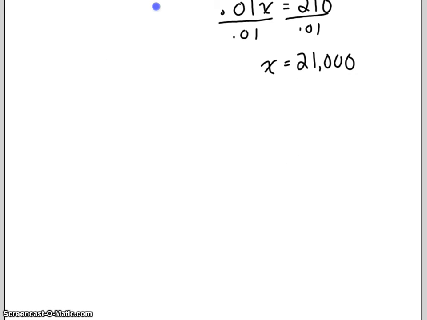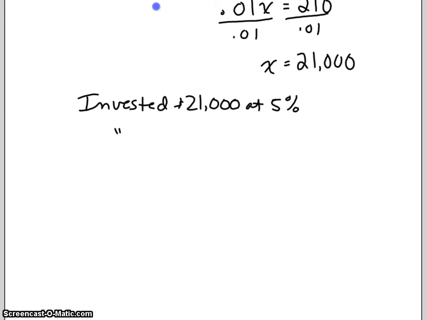So he invested 21,000 at 5% because that's what x stood for. Now we can also figure out how much he invested at 4% by just subtracting 21,000 from 52,000, and that's 31,000 at 4%.